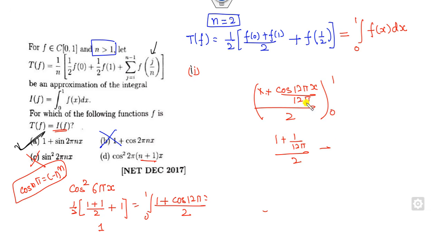When it's 0, cos 0 is 1 over 2. It is half. And is this value the same? It is not the same. So this option is also cancelled out. Right option is only A, because left hand side is only 1, right hand side is half.